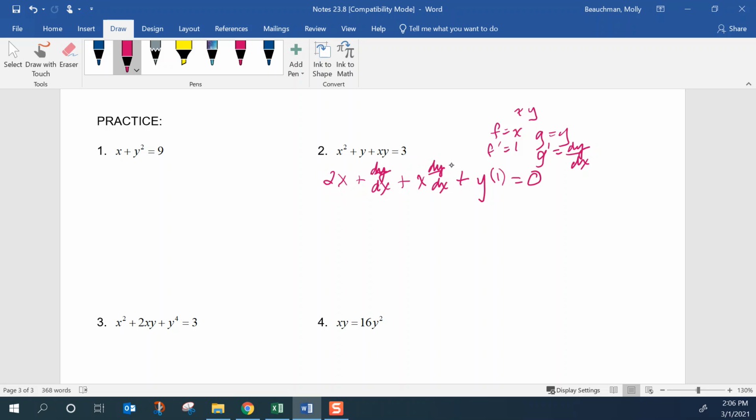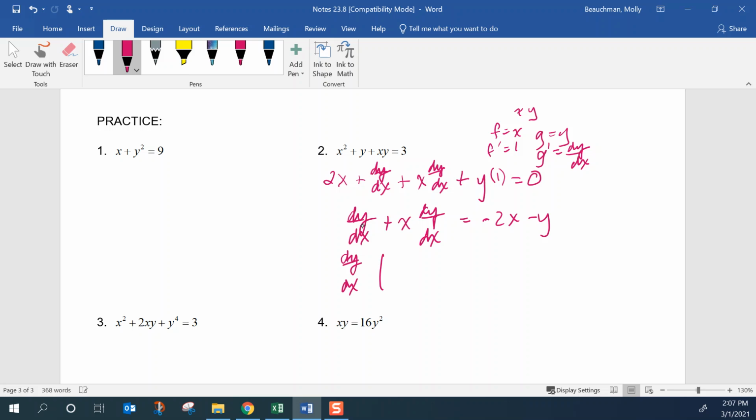Now keep the terms with dy/dx on one side and take your other terms to the other side. So I have dy/dx plus x dy/dx is equal to, take 2x to the other side, we get negative 2x minus y. Factor out dy/dx.